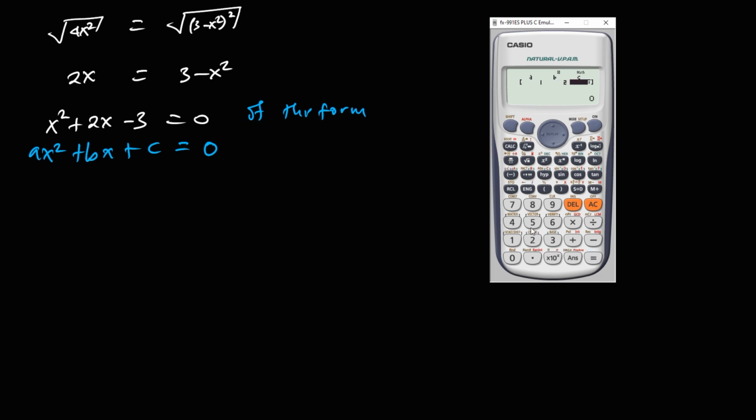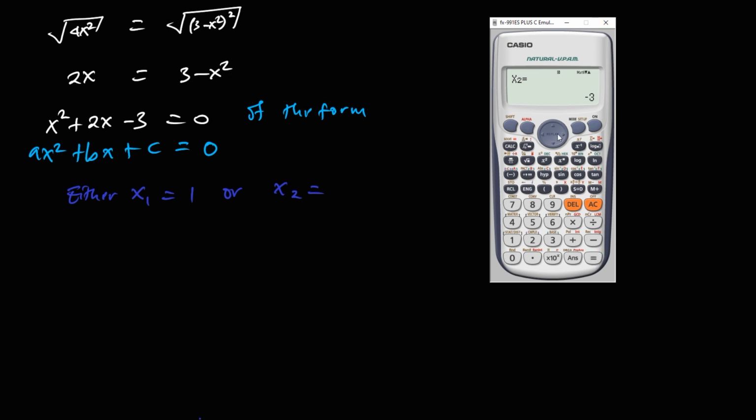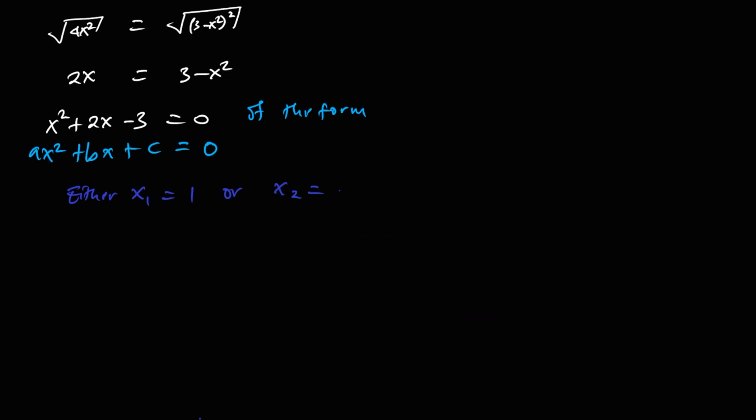The coefficient of x to power 0 is negative 3. x1 equals 1, so either x1 equals 1 or x2 equals negative 3.